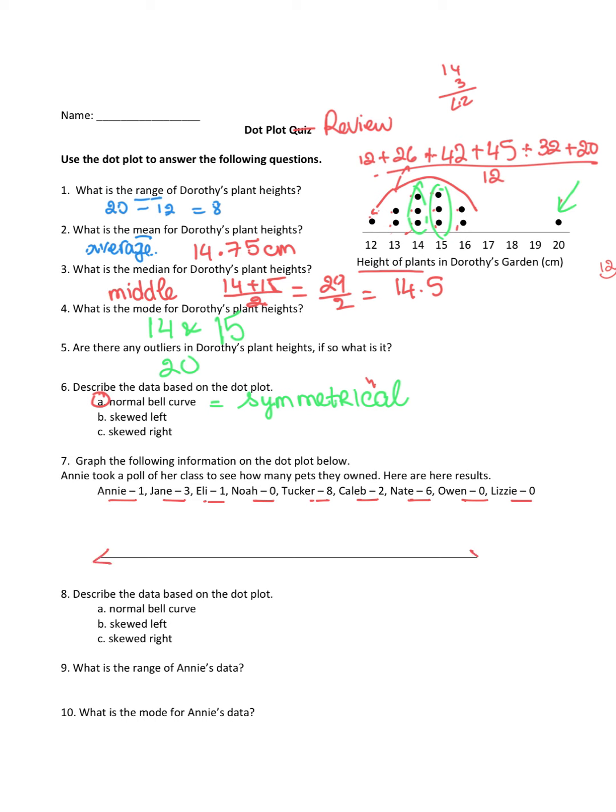Some kids have 1 pet, 2 pets, 3 pets. Nate has 6 pets and Tucker has 8 pets. So I would have my number line go up to 8.